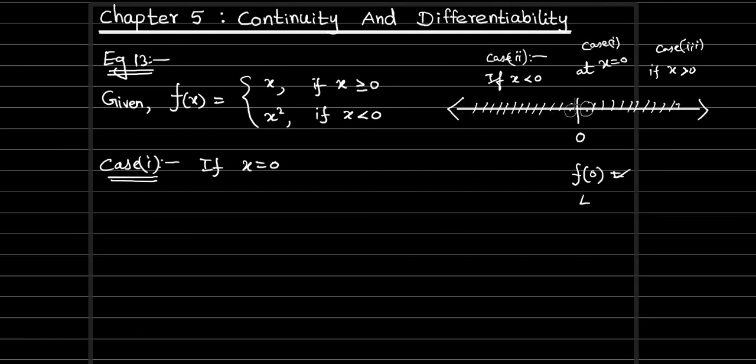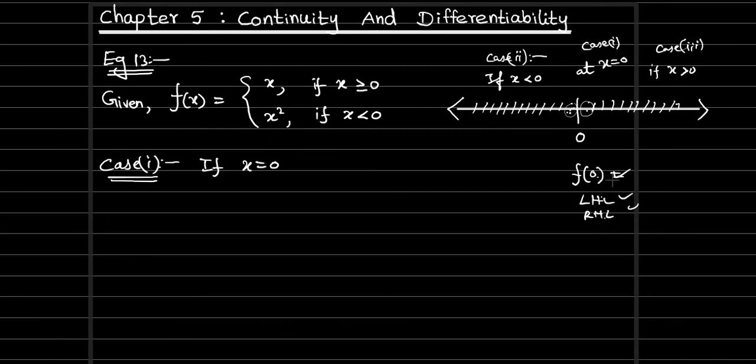And close values of 0, we have infinite count here, so we are going to take the help of the limit. So left hand limit is required and right hand limit is also required. So these three things are required to check the continuity at x equal to 0.